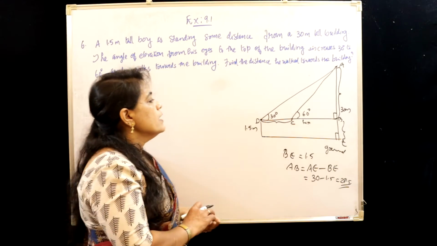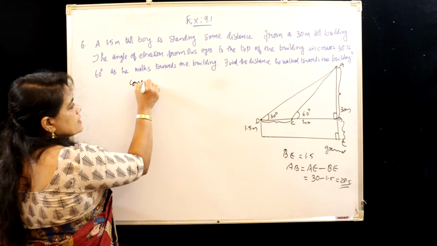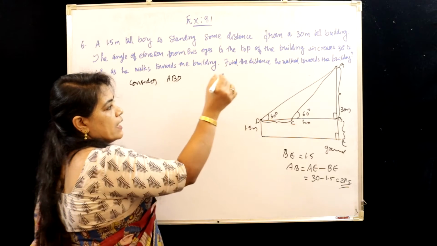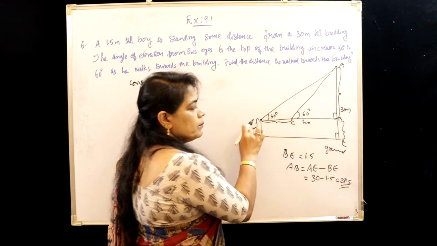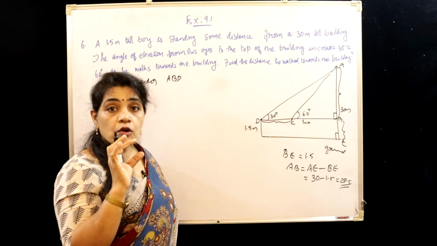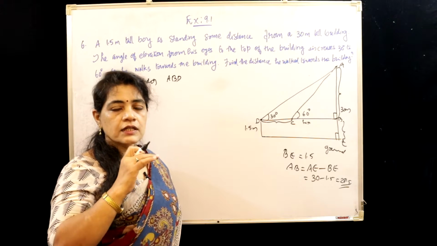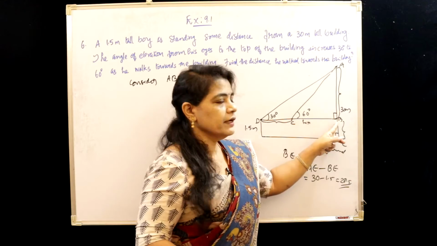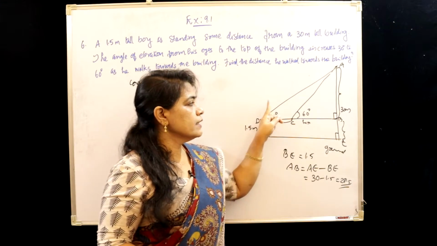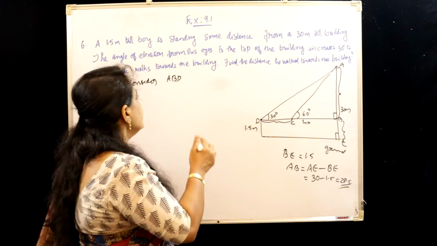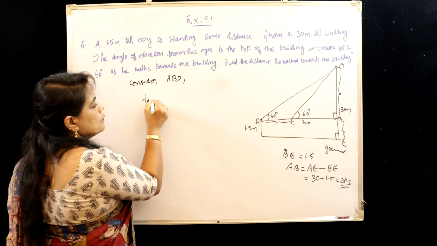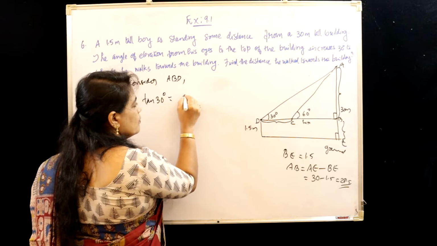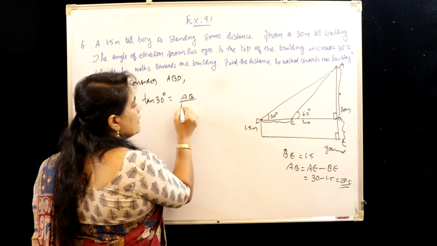So consider right triangle ABD, the big triangle ABD, because initially the angle of elevation at the starting point is 30 degrees. So for that big right triangle ABD, we can take tan 30 degree equal to its opposite side AB divided by BD.